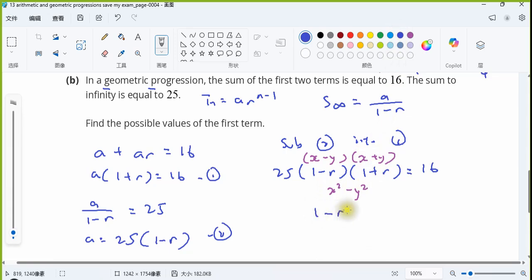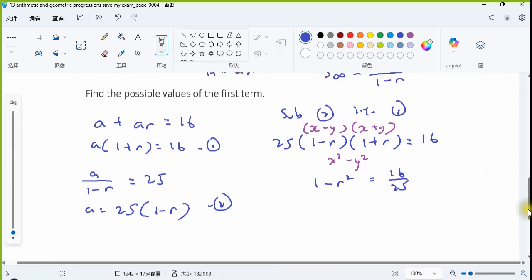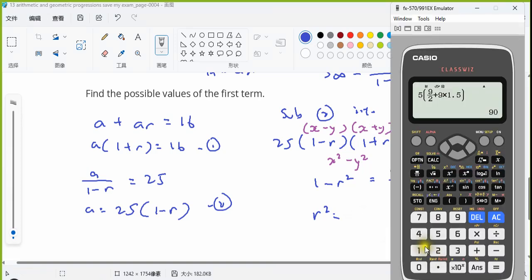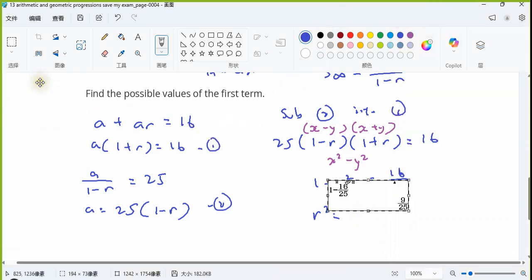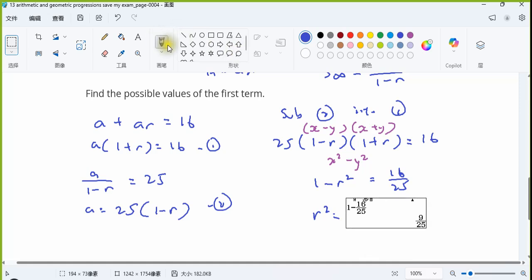So it's 1 minus r squared is 16 over 25. So r squared will be 1 minus 16 over 25, which is 9 over 25. This will be r squared.